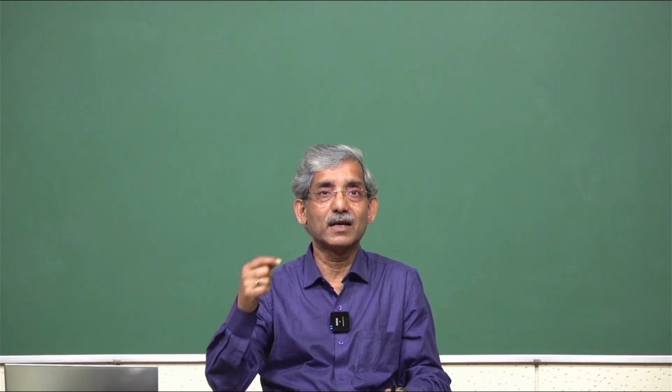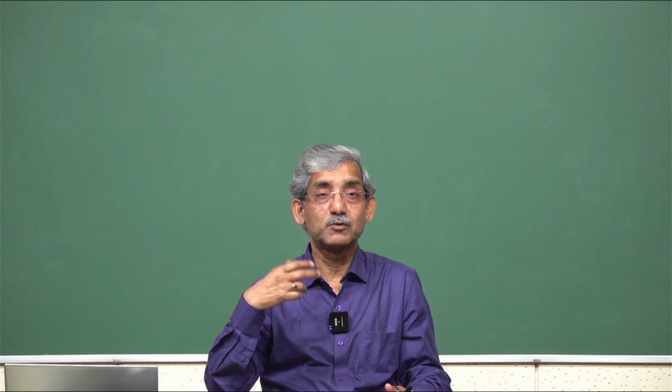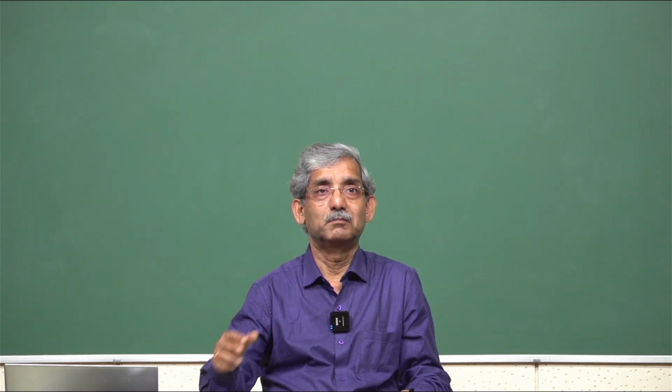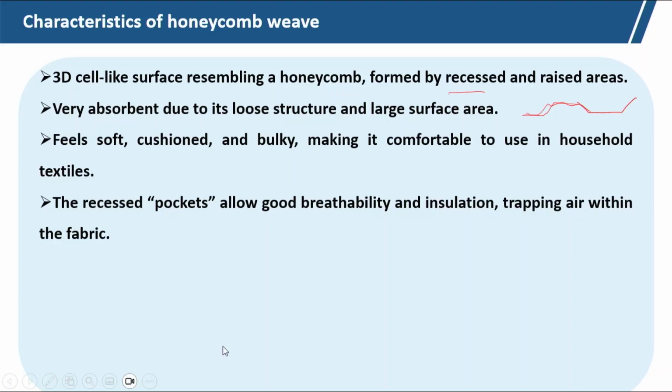It is higher than other types of fabric like your ripstop or plain woven or twill. So, the research study shows this trend. So, honeycomb fabric can be used as the outer layer of fire protective clothing.